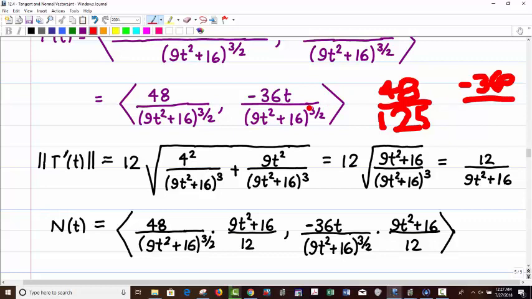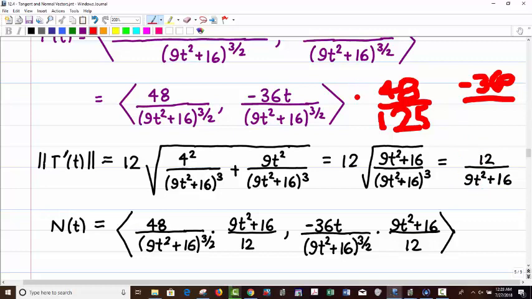Then I could have put 1, taken the magnitude of this vector, which the numbers are a little large there. But anyway, let's just say, since it's already simplified, I'll put 1 in there, which is 12 over 25. But you could have done this number squared plus that number squared, square root. However, I'll just show that the magnitude of T prime of 1 would have been 12 over 25.